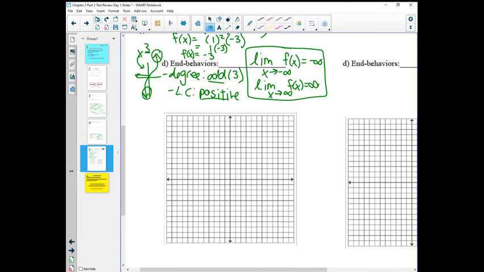So using a different color, I'm going to graph what this looks like. The degree we know was odd. The zeros were at negative 1 on the x-axis and at positive 3. Another ordered pair that we had was the y-intercept at 0, negative 3. The end behavior tells us what the graph is doing on the left and the right side. On the left side, the graph was going down.